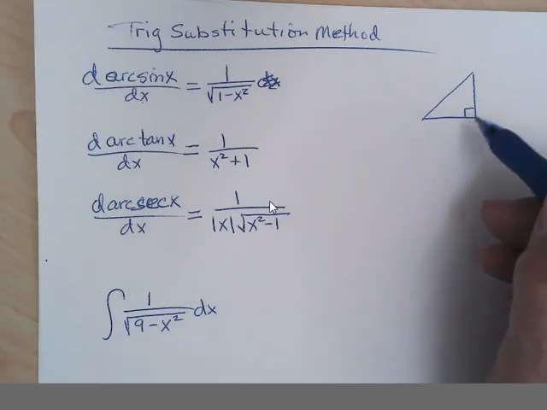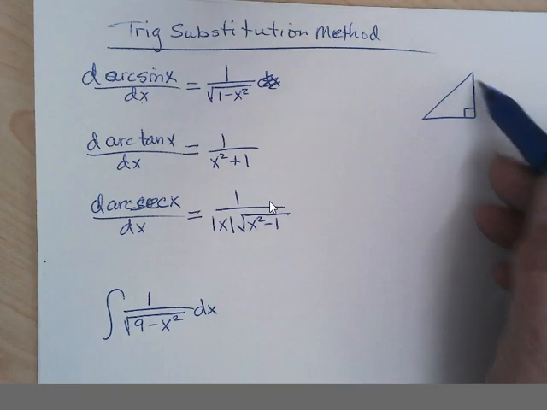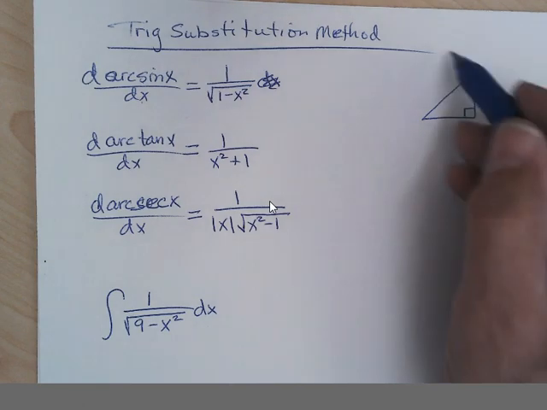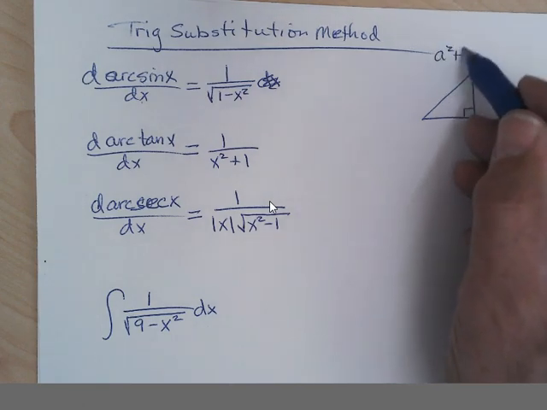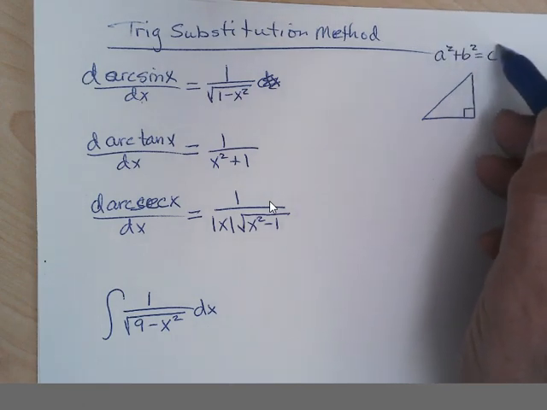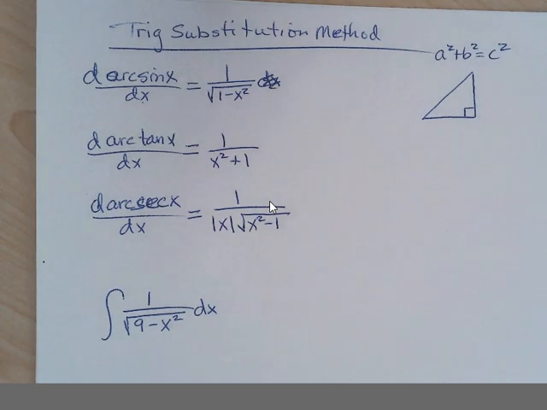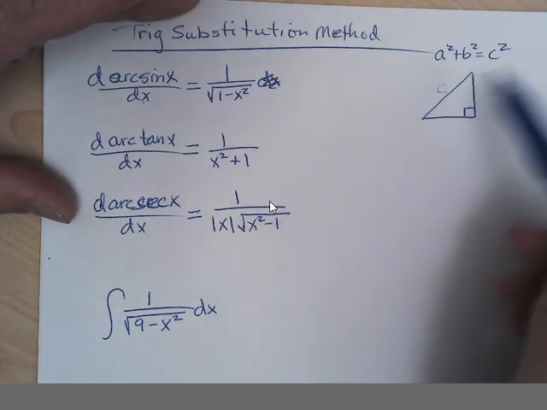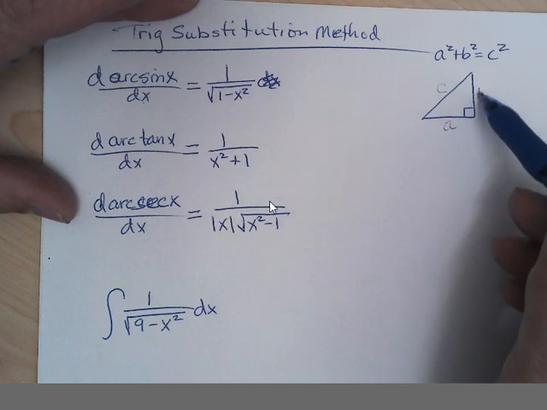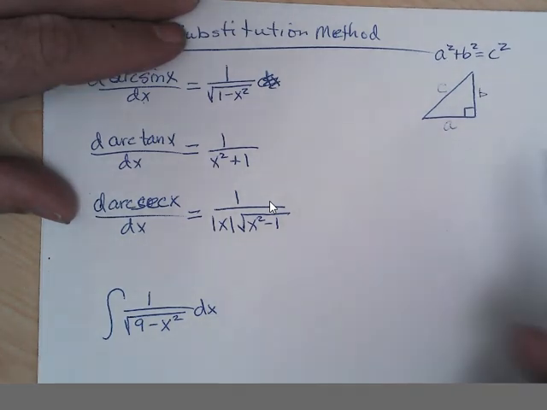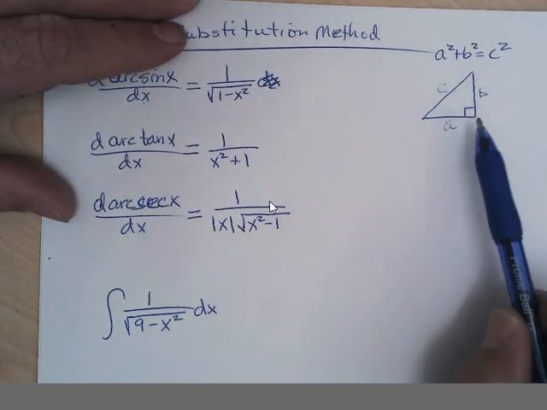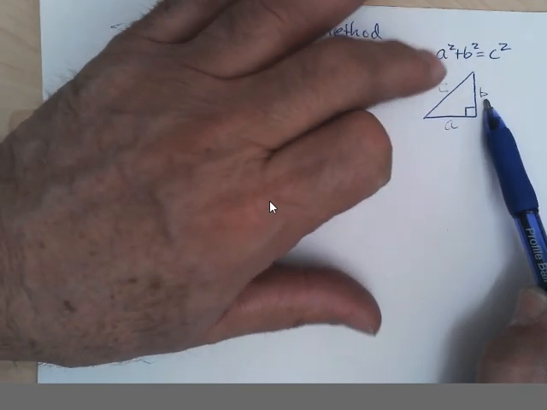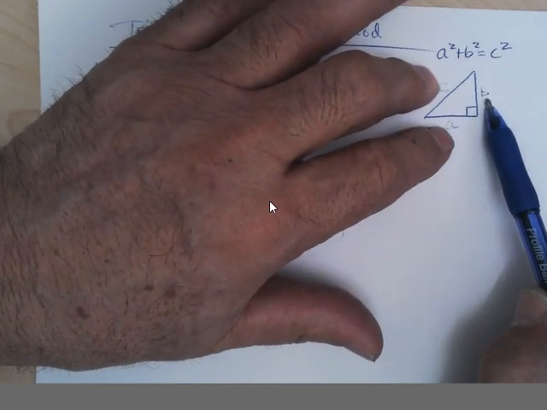And a right triangle obeys the Pythagorean theorem: a squared plus b squared equals c squared. So, if this is c and this is a and this is b, if I use these two, b squared would be c squared minus a squared.